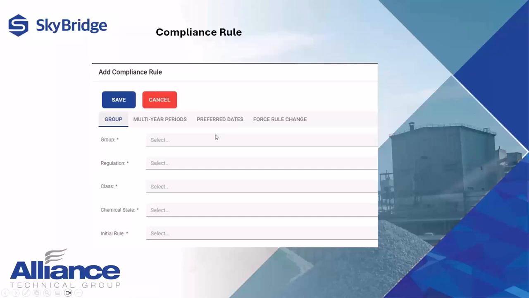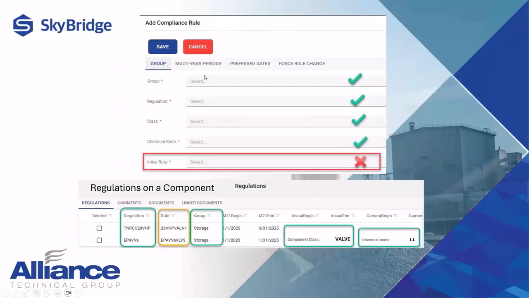And I know many of you have gotten that initial rule missing. This other screenshot is going to show you. Now, this is on the component. One good thing is that when you add a component, SkyBridge will add the group because it knows the group right here, storage.